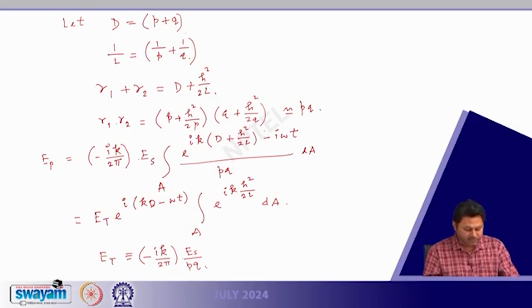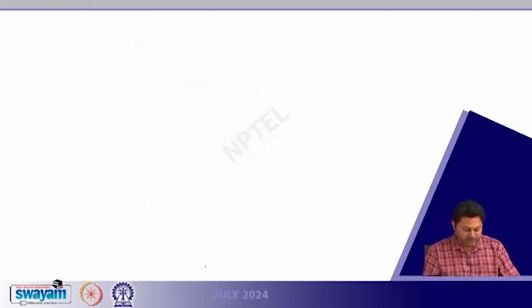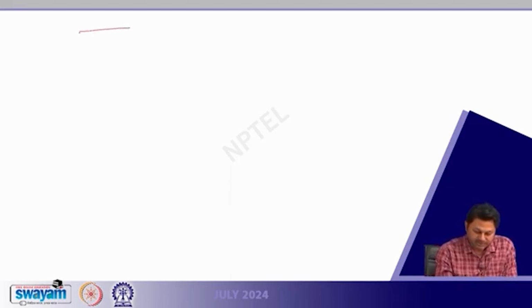Now, let us go back to the structure, because I need to do this integral. Here we only required the structure, and the structure is like this. So, we have a rectangular kind of aperture.